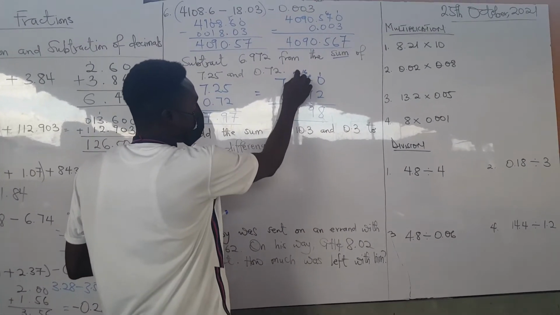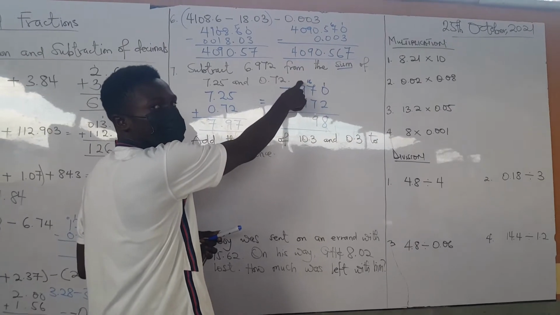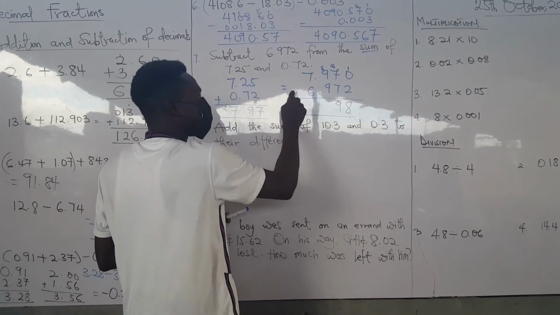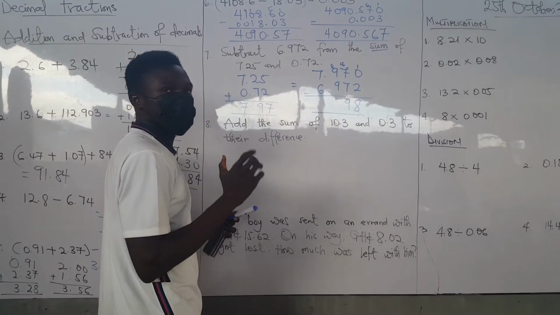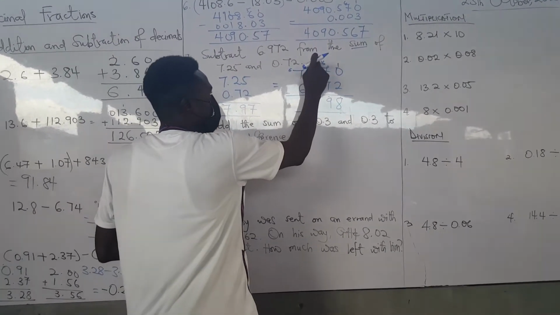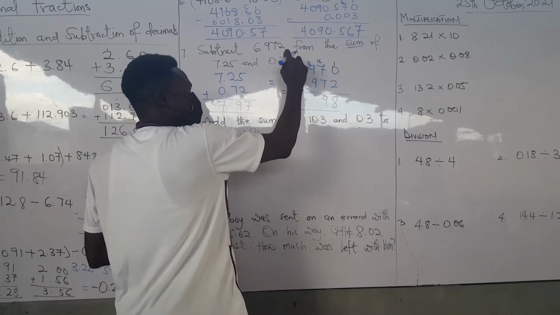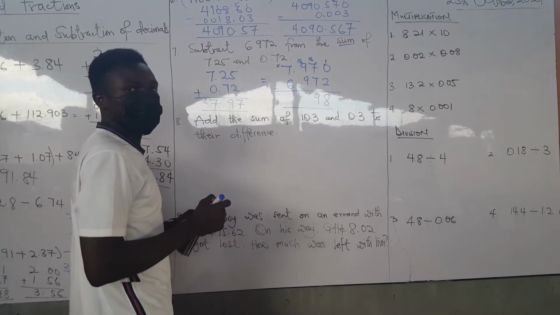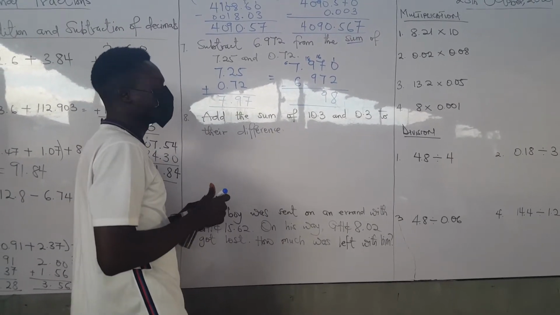When you come here, now this one is 8, no more 9 because you've taken 1 out. So 8 minus 9 is not possible. So borrow from 7 and 7 becomes 6. The one that we borrowed here, when it comes here, it becomes 10. So 18, putting them together.